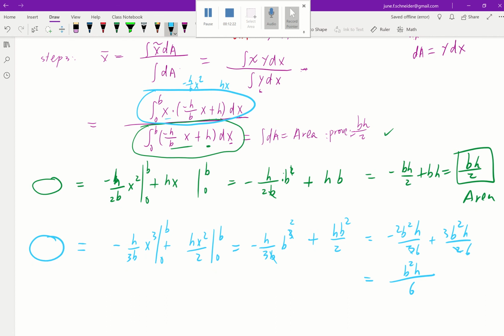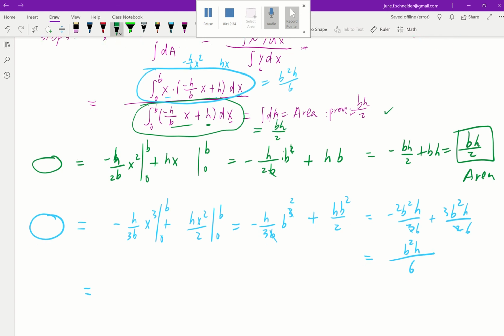We'll bring it back to our step 3, because that's what you calculate: b squared h over 6. And the numerator is half bh. So the x bar is going to be, right, h canceled out, one b canceled out.